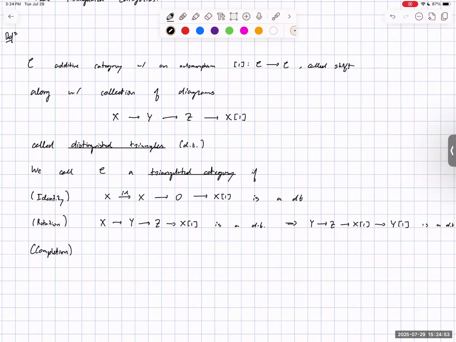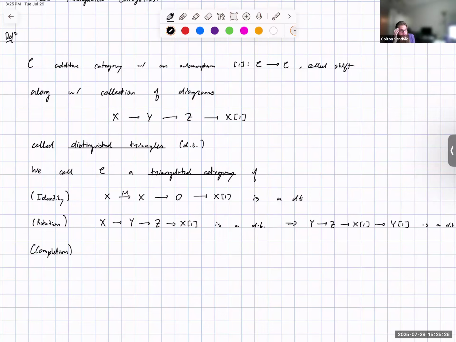As long as you have a functor, you are fine. This is all encoded in the shift by one functor. Even for chain complexes, this is literally just shifting the chain complex by one. And by shifting, you mean what was said, which is f maps to minus one to the power. Yes, it's encoded in the functor. Okay.